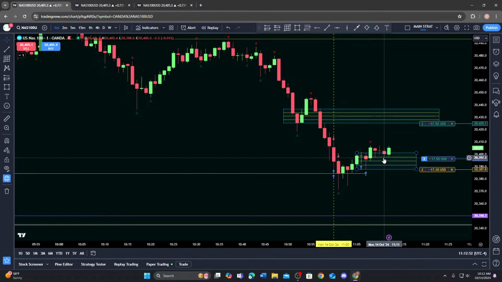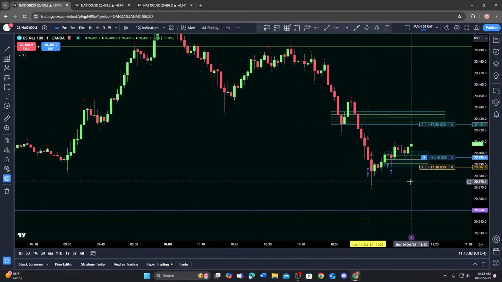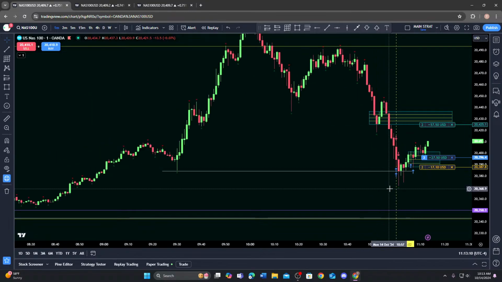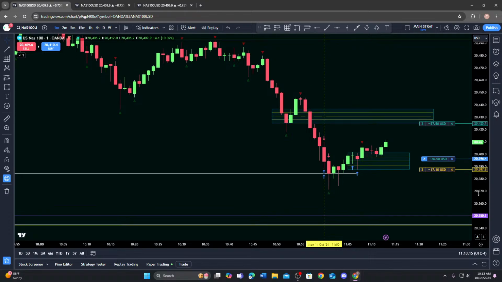All right, so we went down to the 25% retracement level inside this order block. Price is moving higher. And doing this trade is, how would I say, liberating?